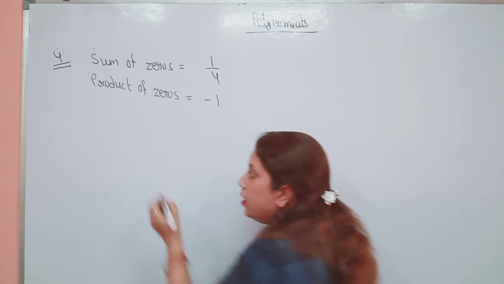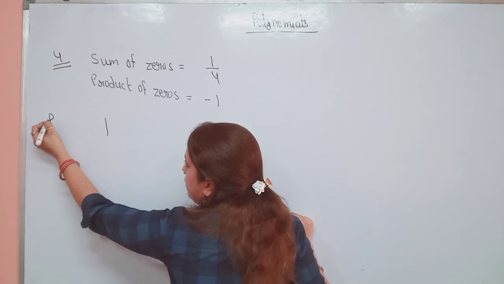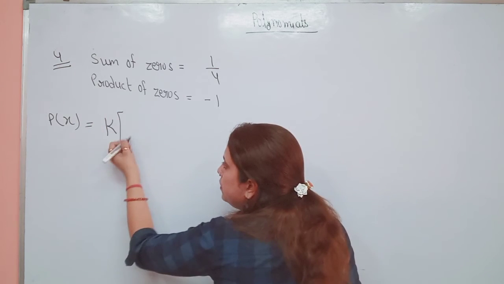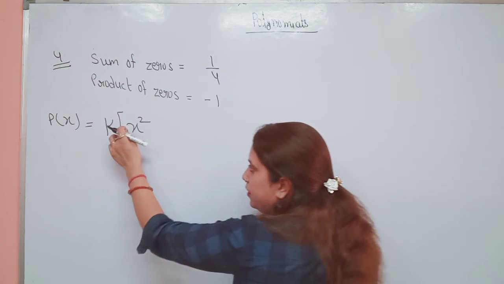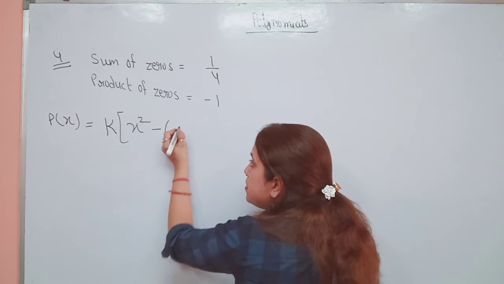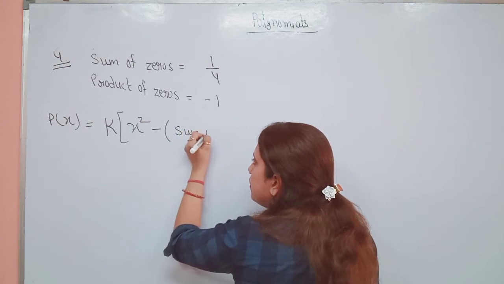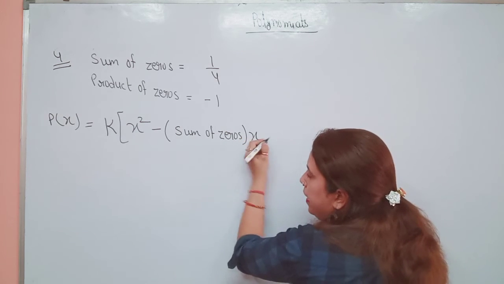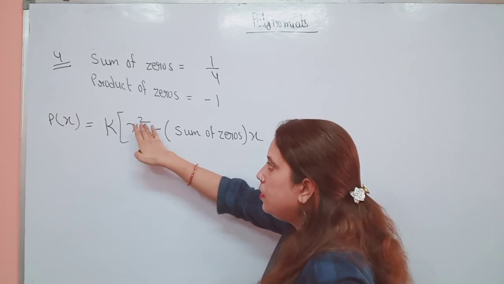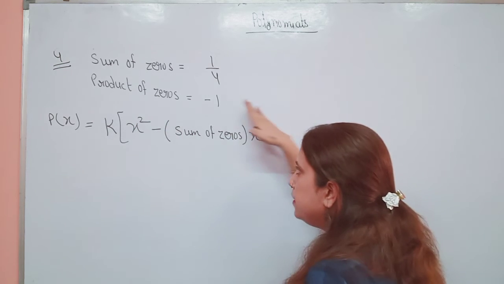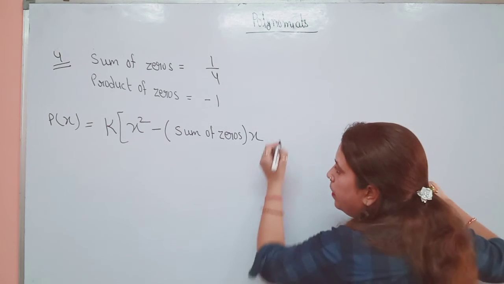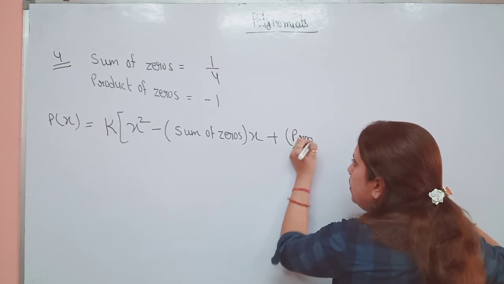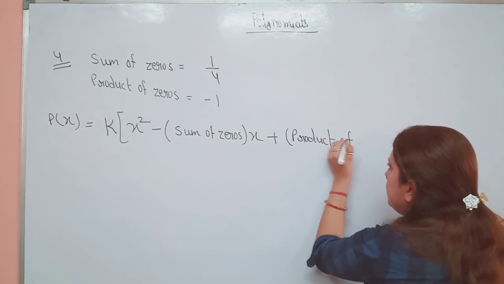This is the formula. If quadratic, then p(x) is equal to k, where k is a coefficient, and now within a bracket x square, first positive, minus sum of zeros into x, and lowest degree, first highest degree, then lowest, then constant, plus product of zeros.